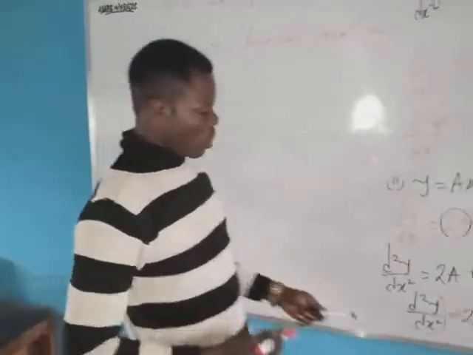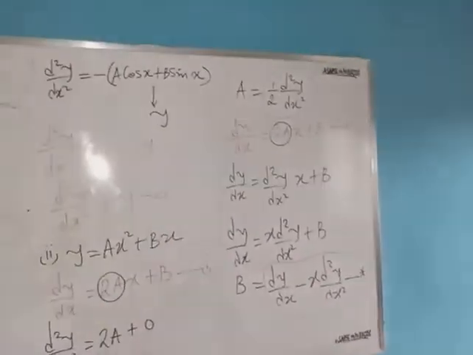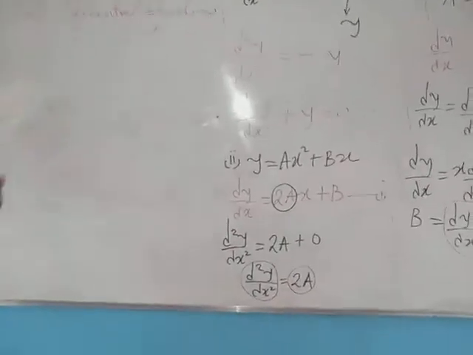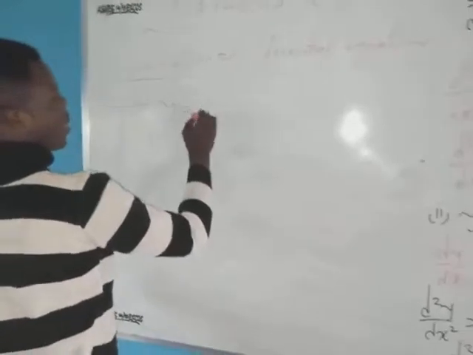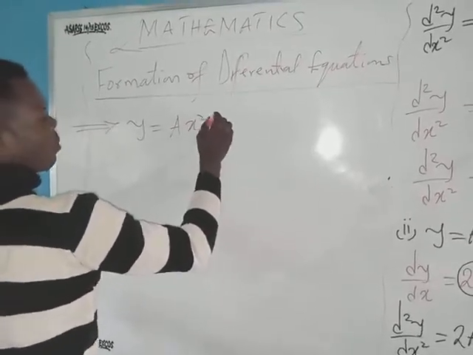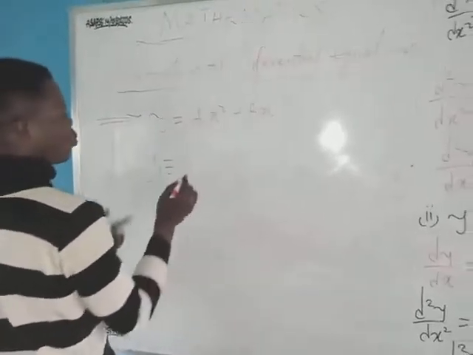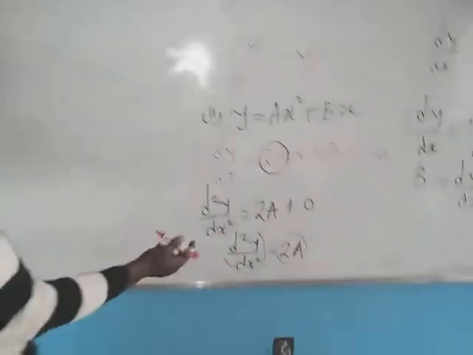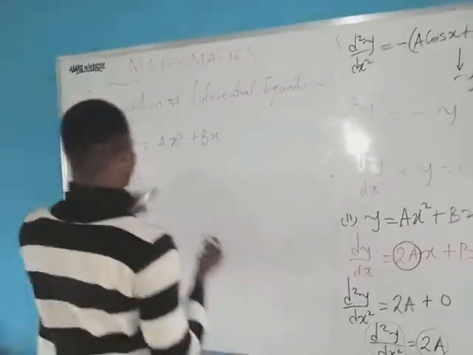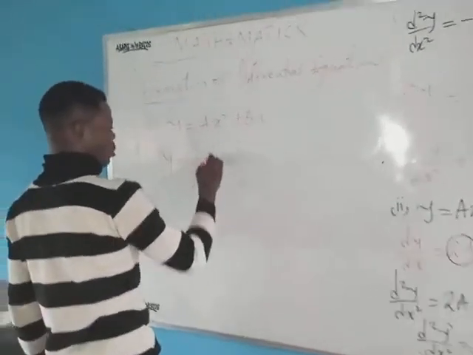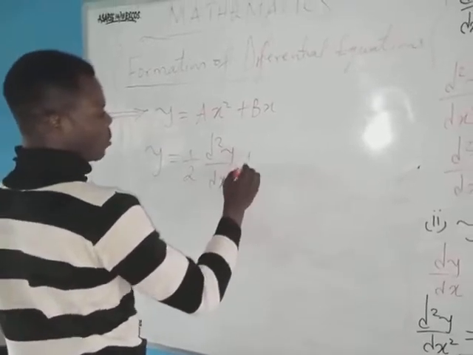So now, let me substitute this and this into this function. I will have y equal to a x squared plus b x. So our y equal to, what is our a? Our a is 1 over 2 d squared y by dx squared, times x squared, then plus b.